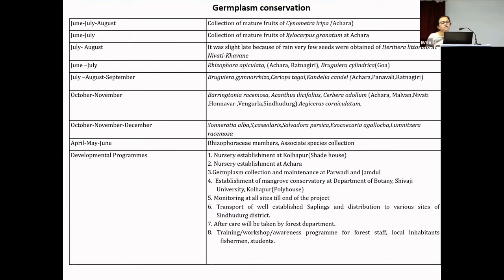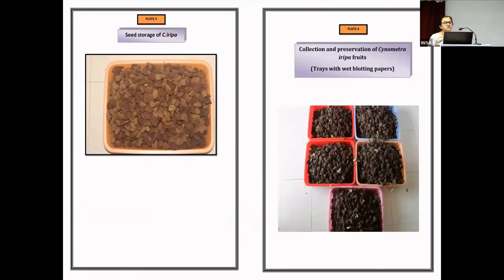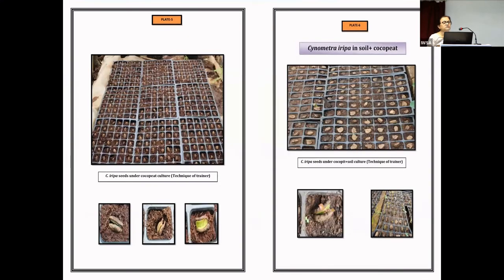In June, July, August, you have to collect the fruits of Cynometra iripa, and these are the collected germplasm of orthodox species, the storage of Cynometra iripa, and collection and preservation of other species.